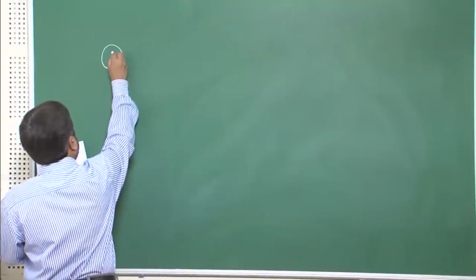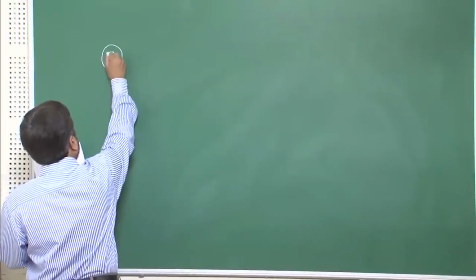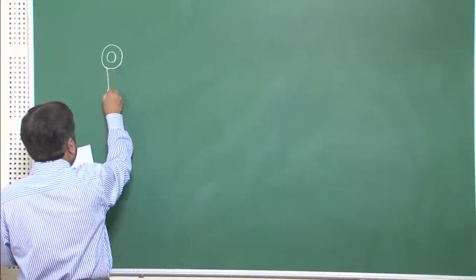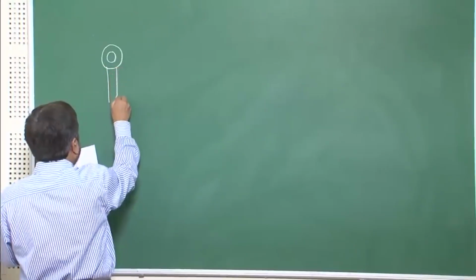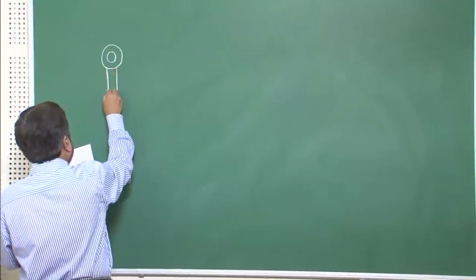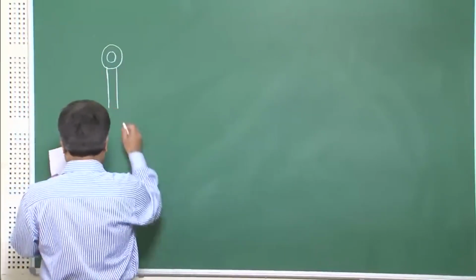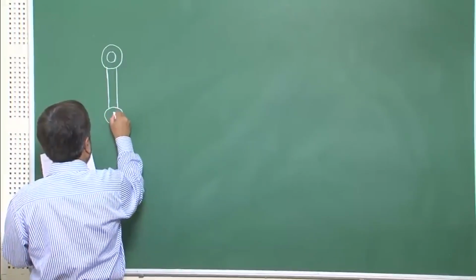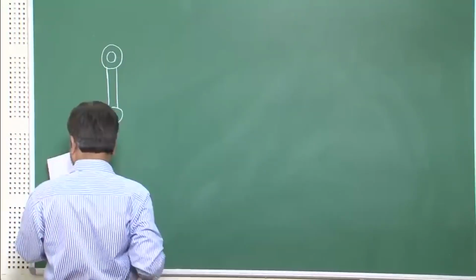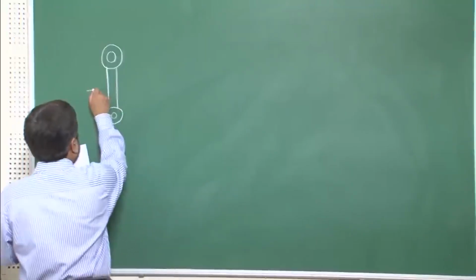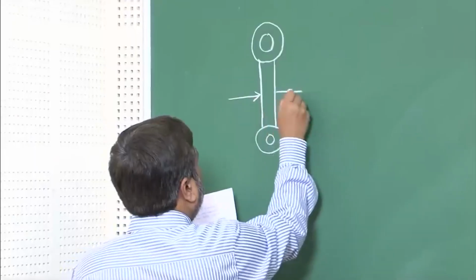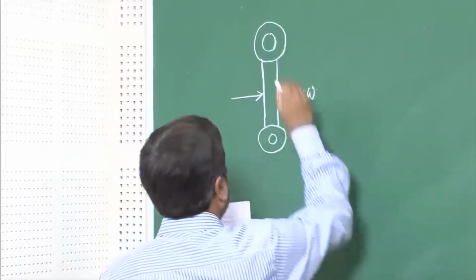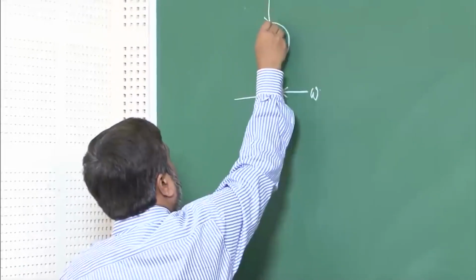This is one part, and then this is the simplified drawing of the connecting rod. The thickness or the width here, W, is a concern for us.